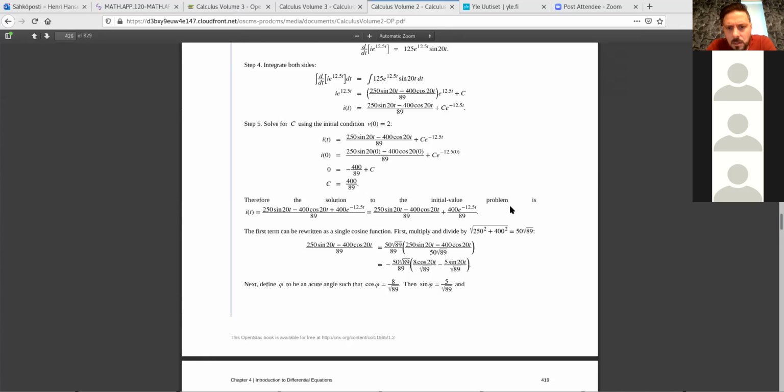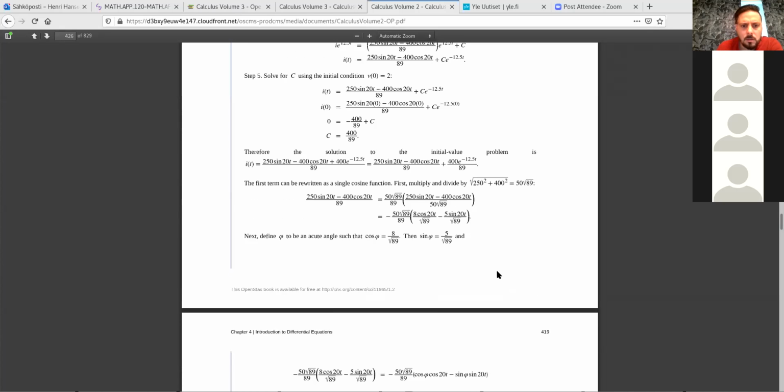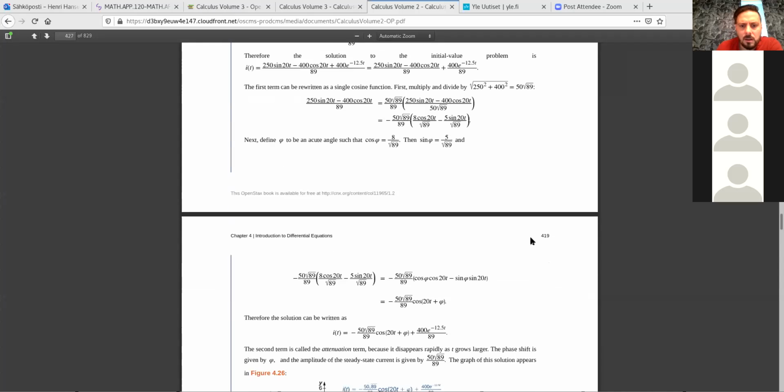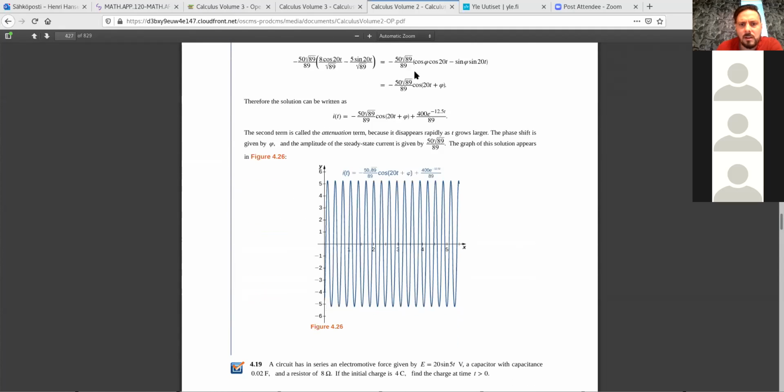So this is a sinusoidal function. It has sine and cosine, but it's still a sum of these two. So it has a waveform the same as the sine function, and its magnitude can be determined here. There are some angles here, but I'm not going to go into that.